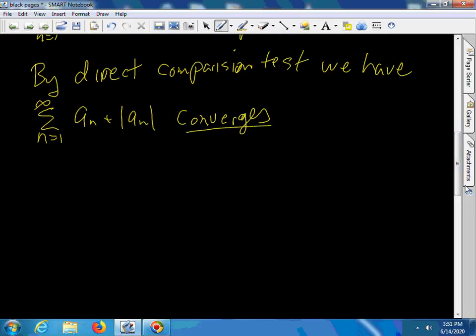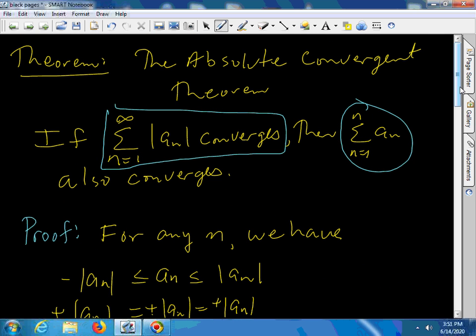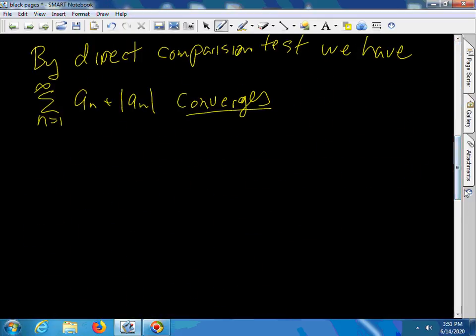But we don't want to show that that converges. We want to show that a sub n converges. And this is where it all comes together.